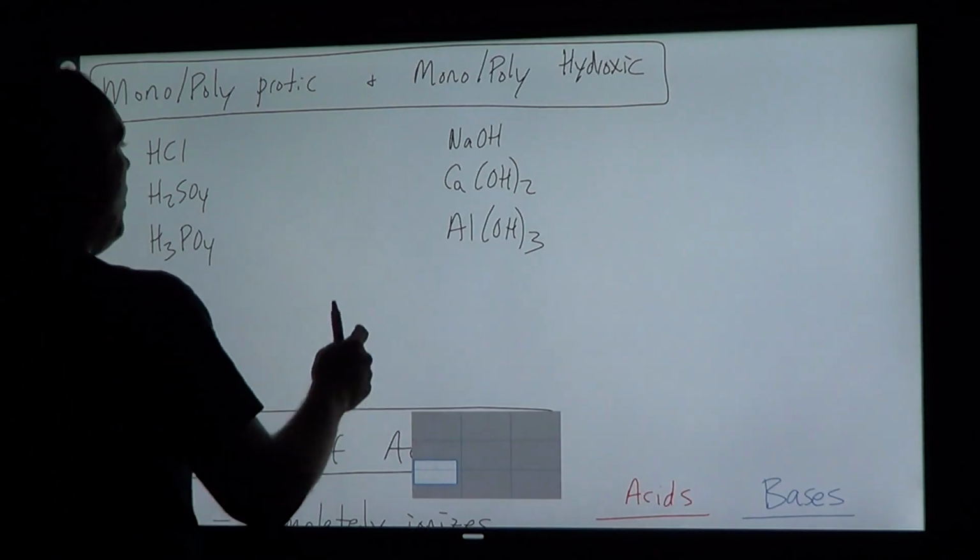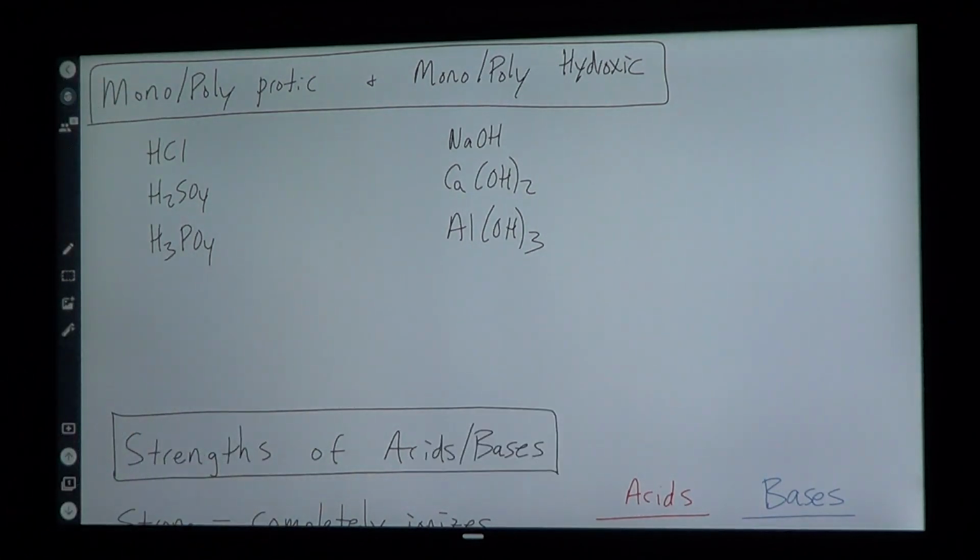So now that we know what acids and bases are, we now need to know what's a monoprotic versus polyprotic, and what's a monohydroxic versus a polyhydroxic substance. So here are 3 examples of acids, and these are all Arrhenius acids because they start with H and they contain H+.